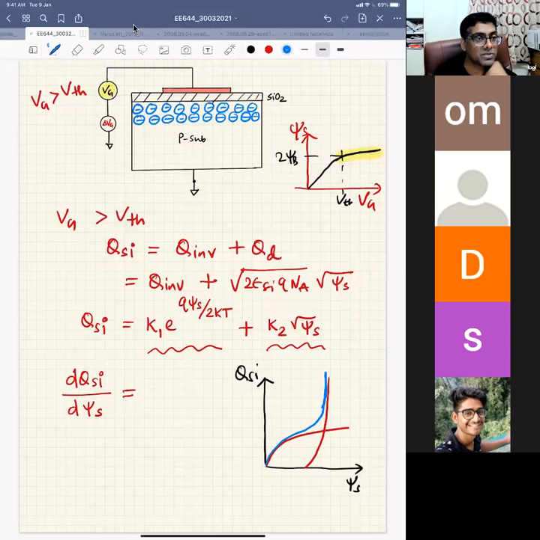This is your depletion charge, this is your inversion charge, and this is your Q silicon. We are operating somewhere here in this condition. This part is your 2 psi b. So this is 2 psi b, and we are operating somewhere here, right?